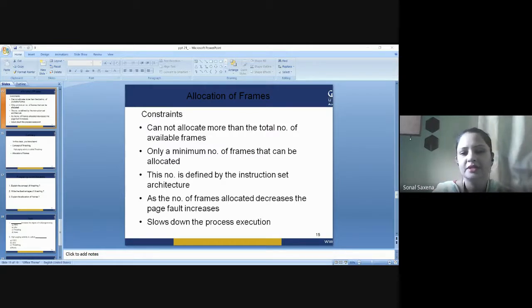Now, the worst case involves indirect addressing, particularly when multiple levels of indirect addressing are allowed. Left unchecked, a pointer to a pointer to a pointer to a pointer, and likewise it will go on in a continuing manner. It could theoretically touch every page in the virtual address space in a single machine instruction, requiring every virtual page to be loaded into physical memory simultaneously.